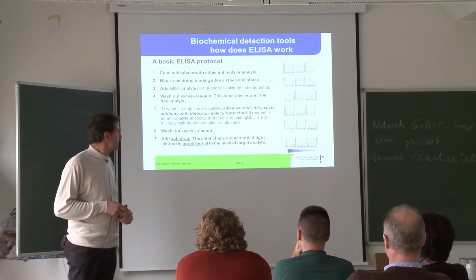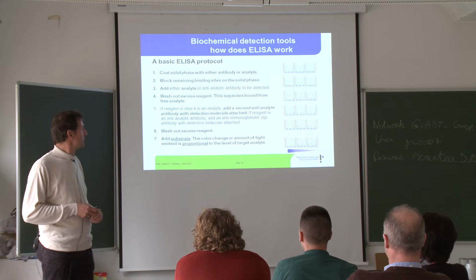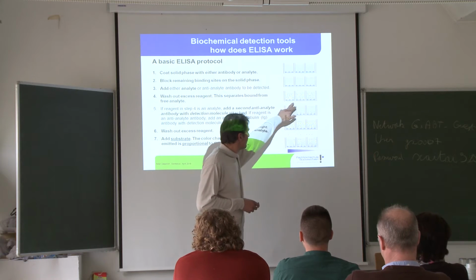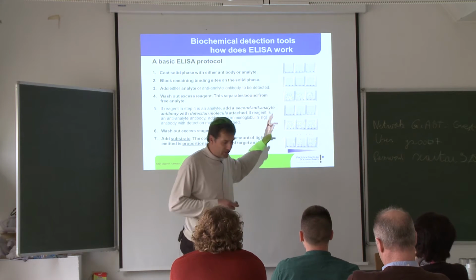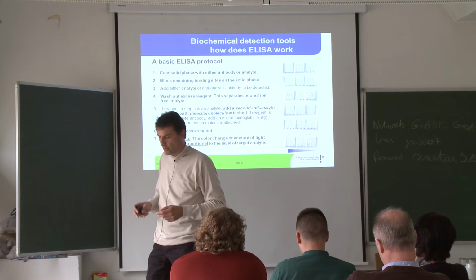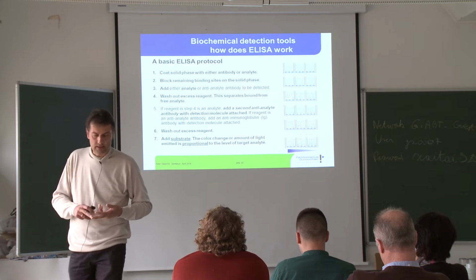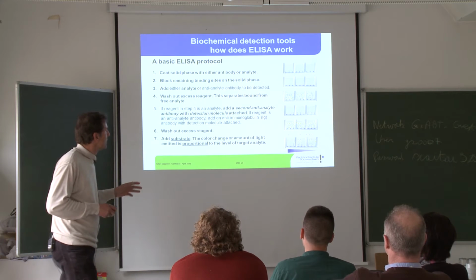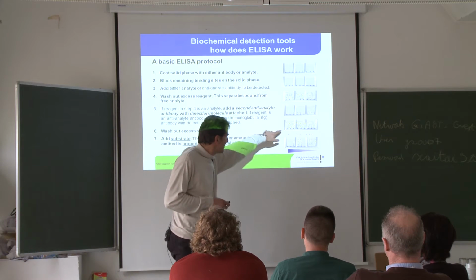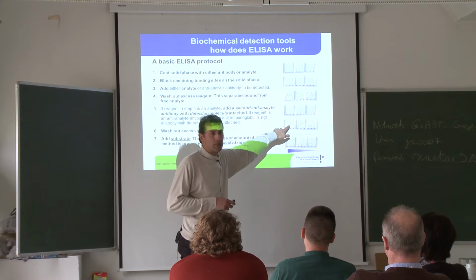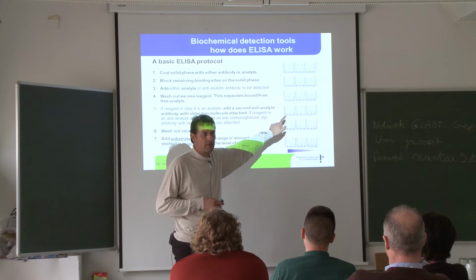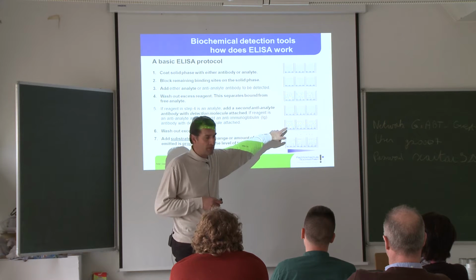Then you add usually the antigen that should be detected. Now it depends on the method you use, if it is a direct ELISA, an indirect ELISA, if it is a sandwich ELISA or what. Then later on, there comes another antibody with an enzyme. That is what the name of this method is, enzyme-linked immunosorbent assay.